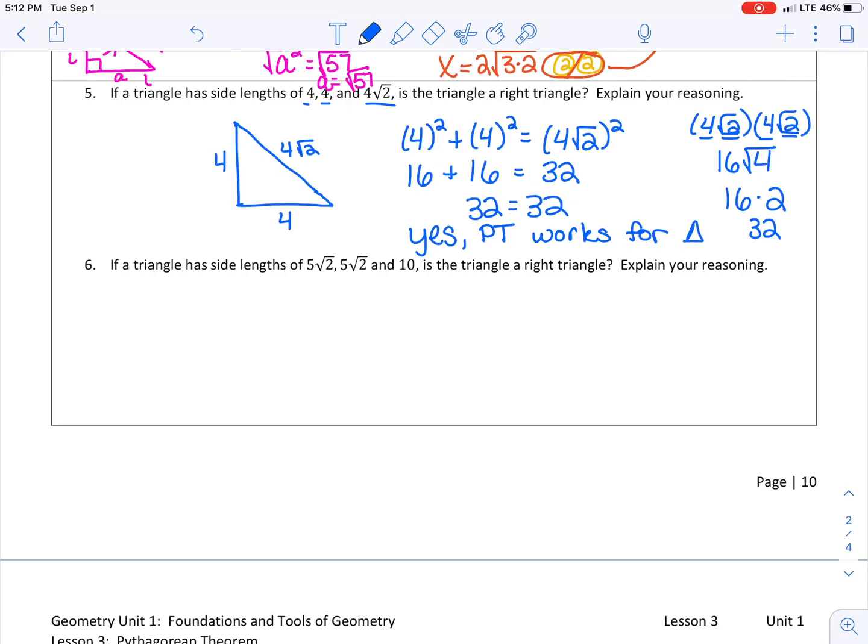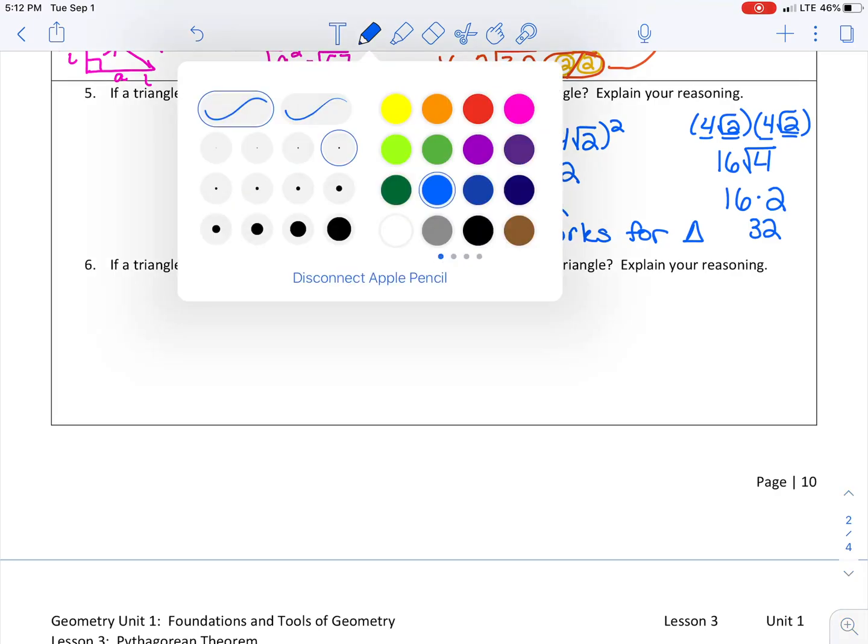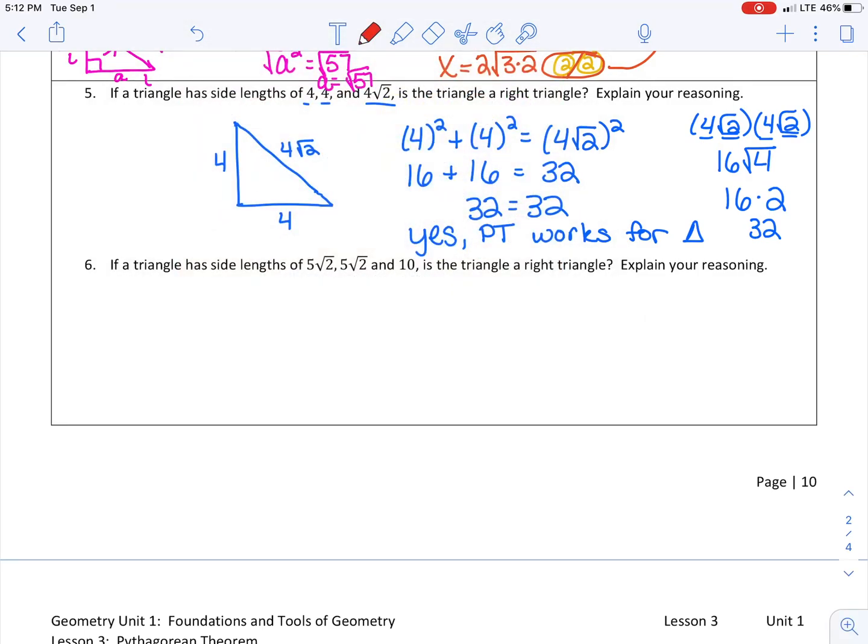Okay. So we also want to do the same thing with number 6. We're going to do the exact same process we just did. So we have, if the triangle has 5 root 2, 5 root 2, and 10 as its side lengths, is it a right triangle? So we need to figure out what our longest side is, and that's going to be our hypotenuse. And in this case, our longest side is 10.